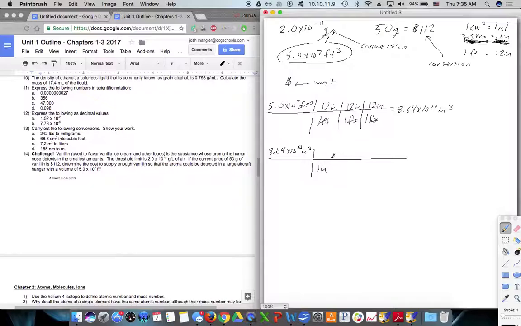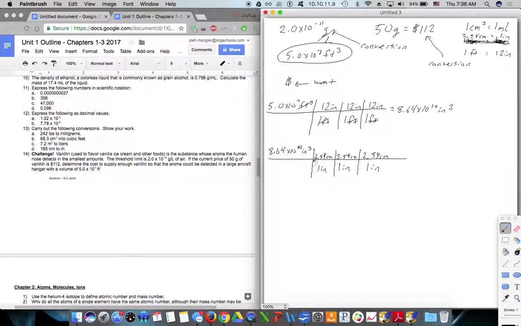1 inch, 1 inch, 1 inch, and this is 2.54 centimeters each. Now again, you can just put a cube here and cube that value. It works the same.